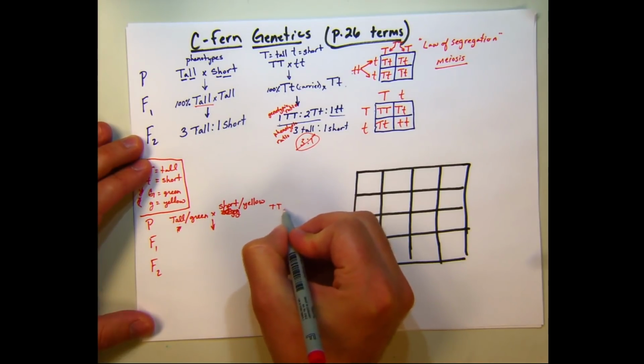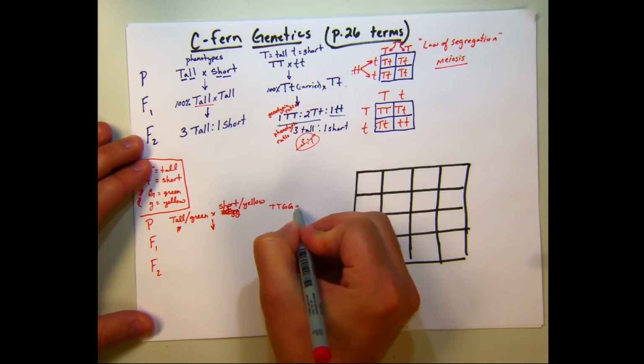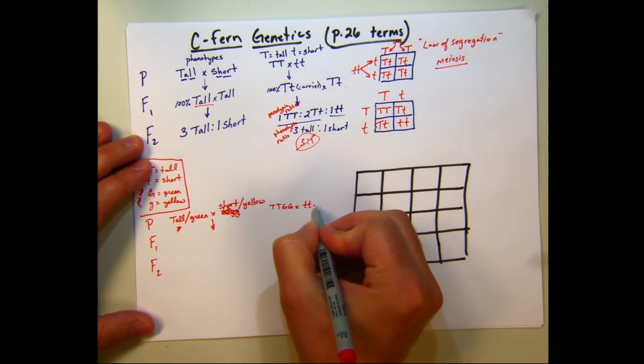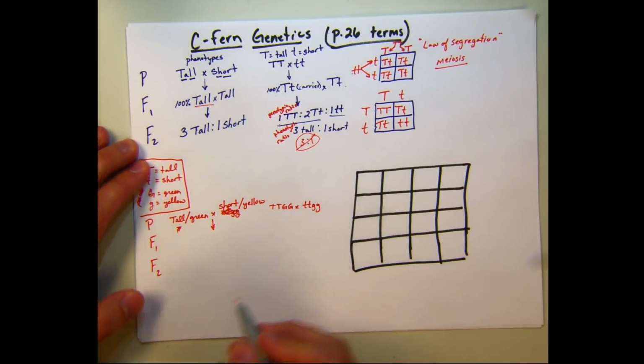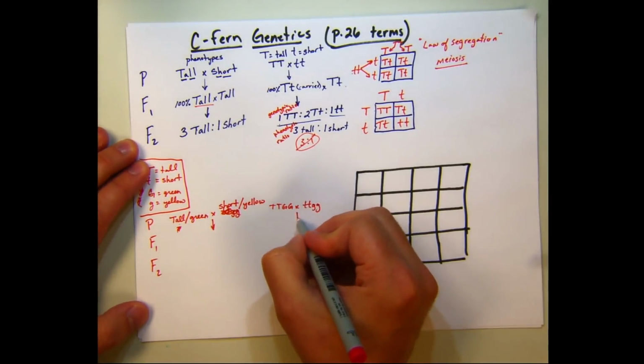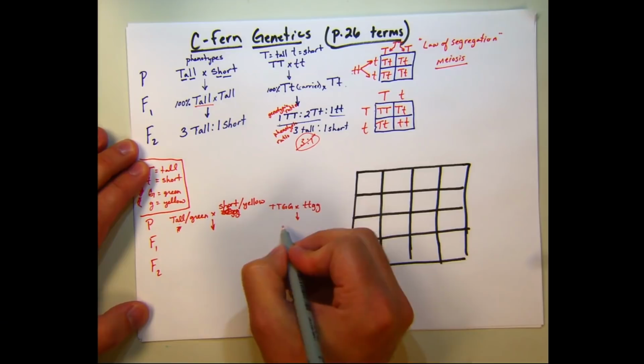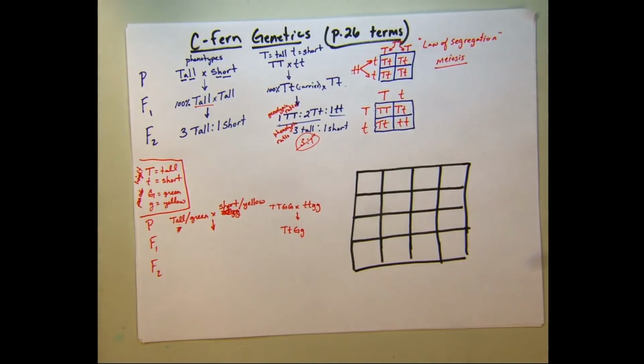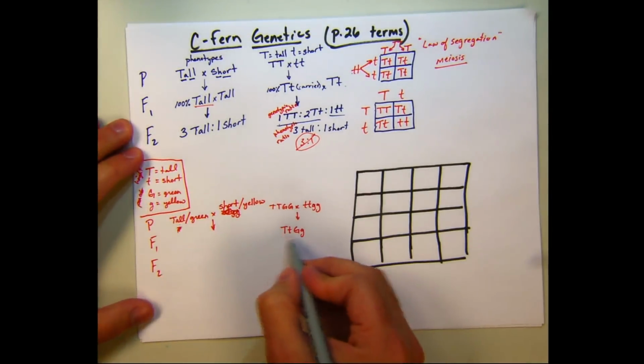Double homozygous, big T, big T, big G, big G, and he crossed it with short, which is a double homozygous recessive, little t, little t, little g, little g. Right. And if we cross these together, then we're going to get a double heterozygous.